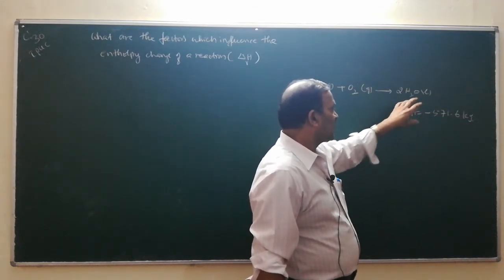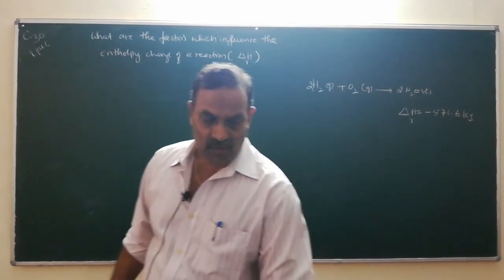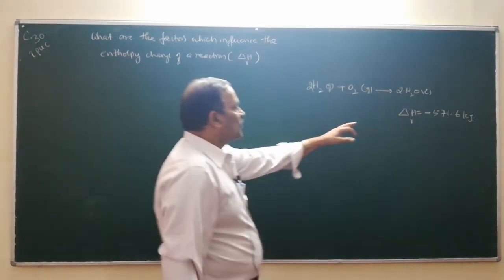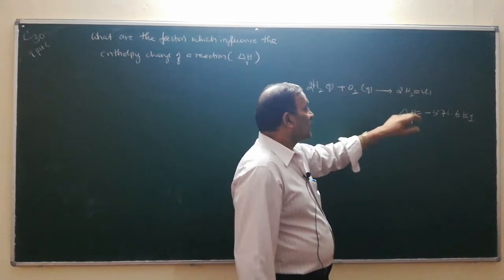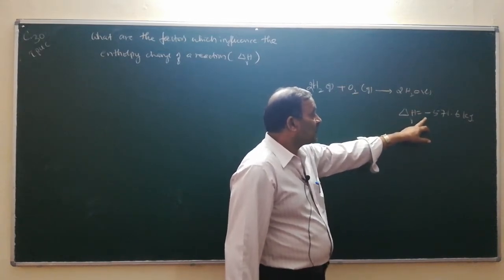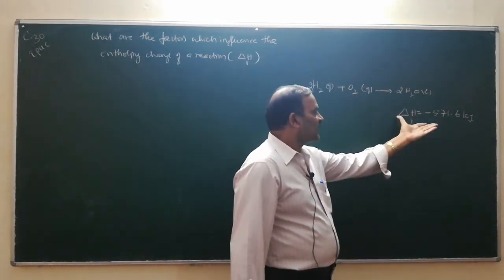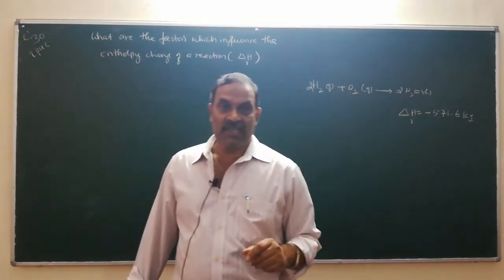So this amount of heat is called the enthalpy of this reaction. The enthalpy of this reaction depends upon what factors? The enthalpy of the reaction, that means the amount of heat liberated or absorbed, depends upon the following factors.